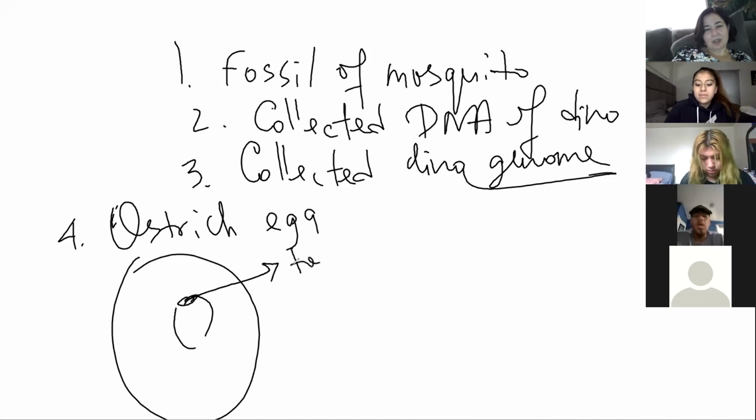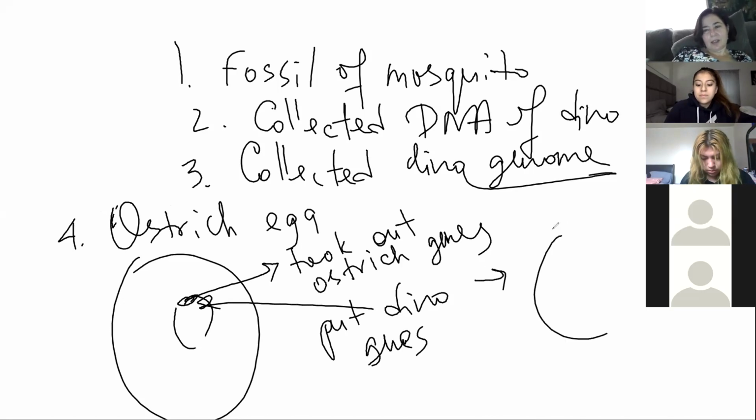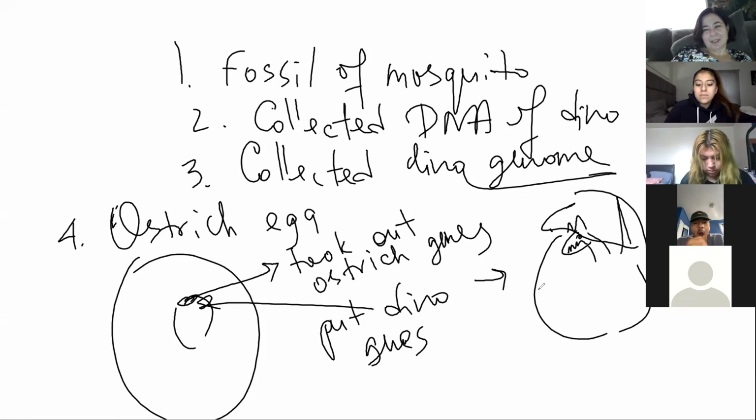They took out the ostrich egg's nucleus and put in dino genes. And then magic, a dino hatched. And it looks more like a squirrel. Dinos don't have ears like that. Then the dino hatched from the egg, right?